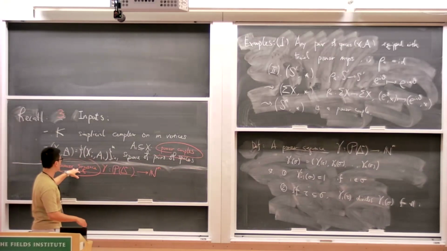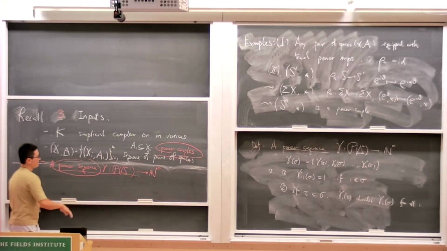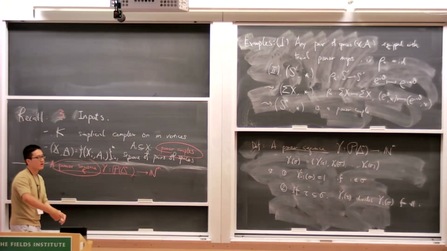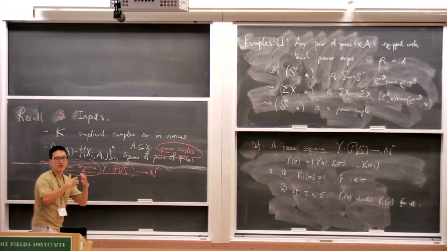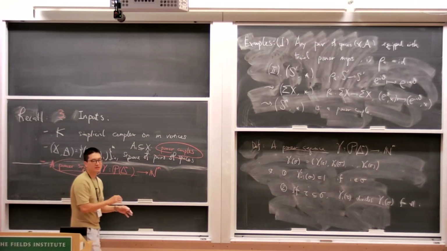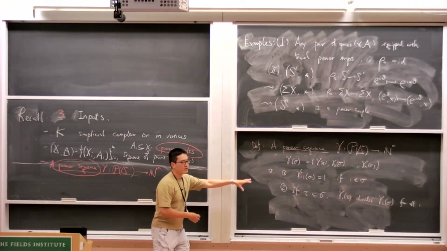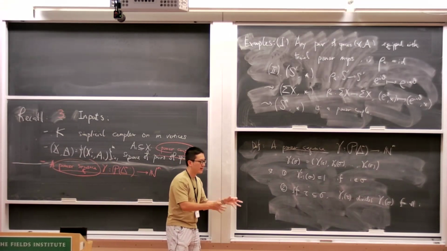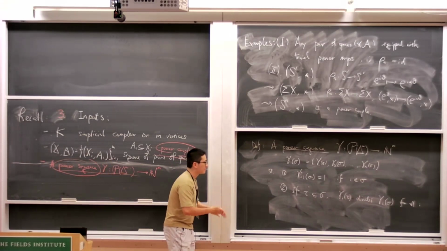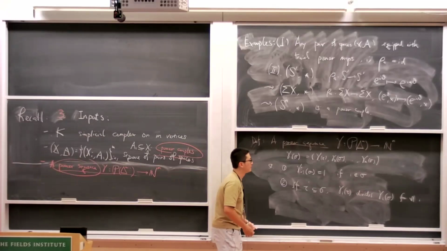Essentially, this power sequence just tells us what power maps we should apply to each space in our inductive construction. And this data just helps us to ensure that these degree maps are compatible with each other.